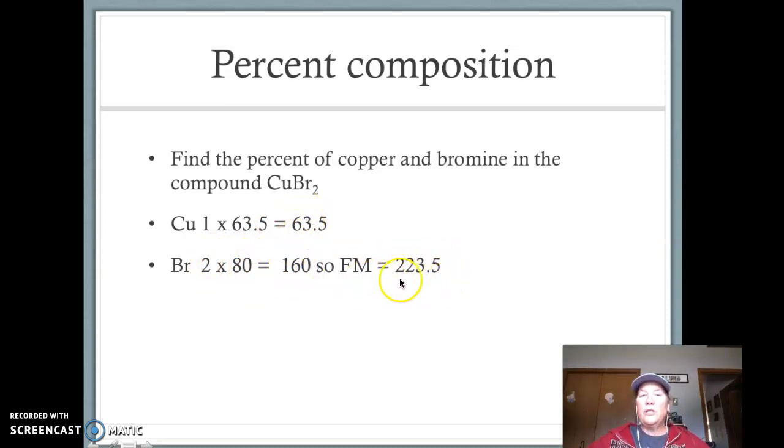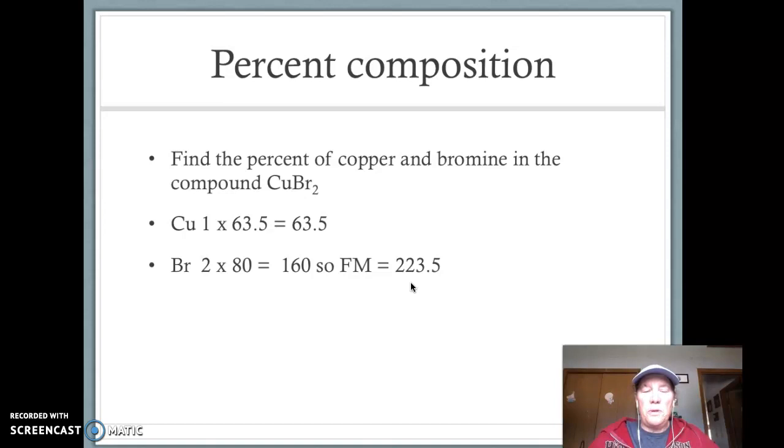And again, you could just type this in. If I type this in on my phone, and again, I'll see if you can see this. CuBr2. Okay, on here on my phone I have 223.354.